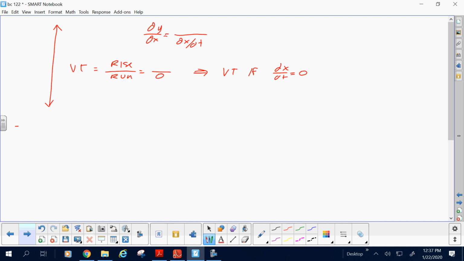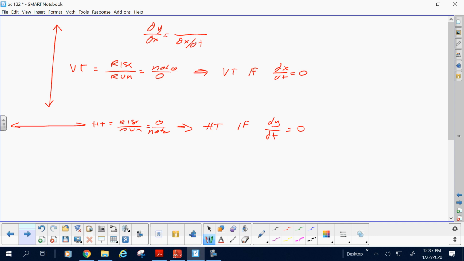A horizontal tangent is when there is no rise and some run. So not 0. So that implies there's a horizontal tangent if dy/dt is 0. You done?